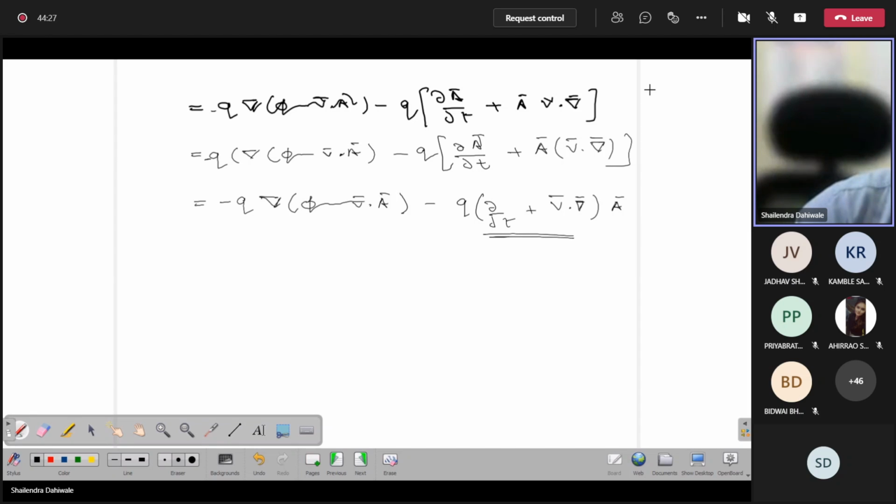You can check again, taking A as a function of x, y, z.